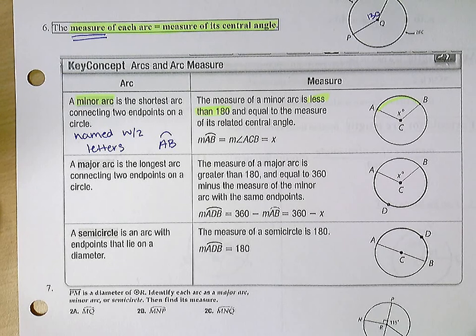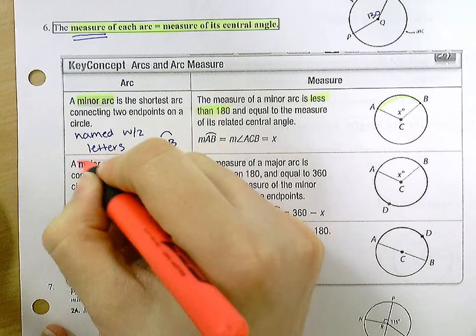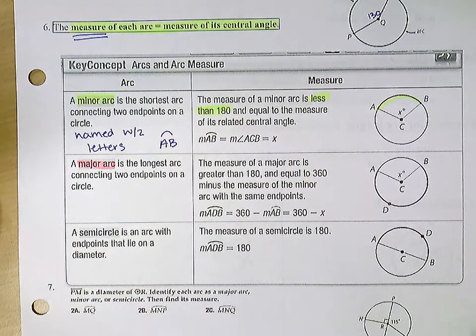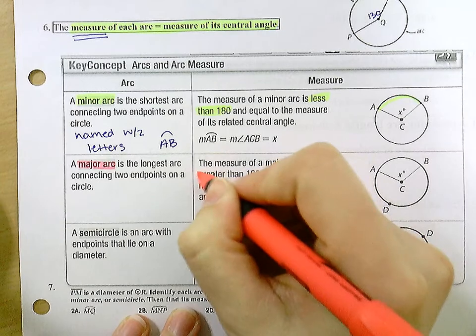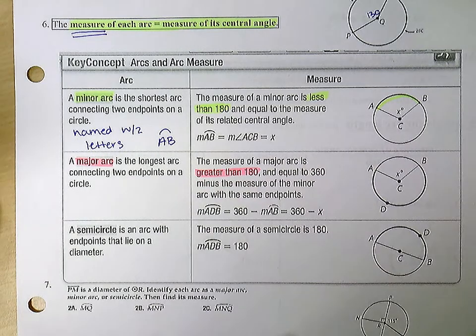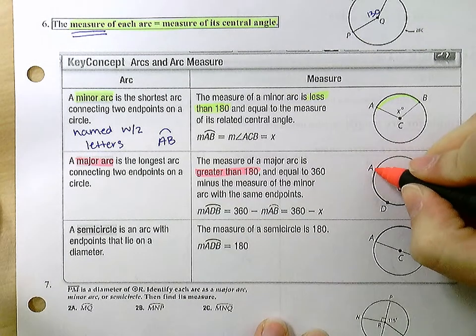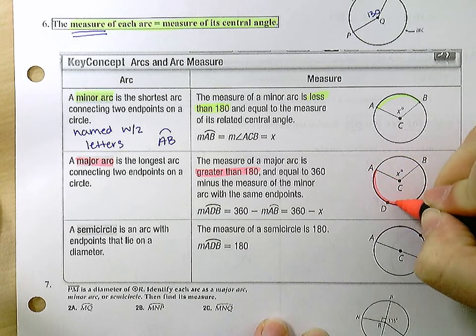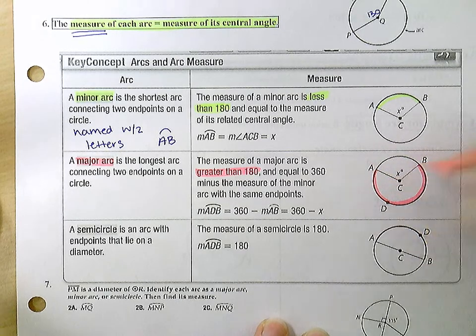Okay, our next type of arc is a major arc. Your major arc is going to be greater than 180 degrees. In your picture at the right, a major arc would be this one back here.